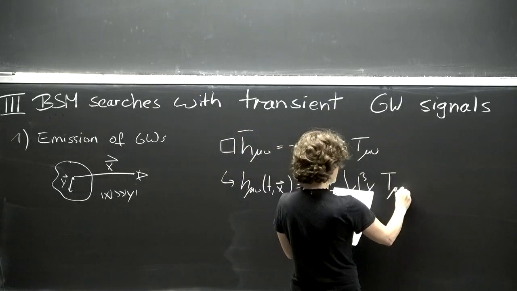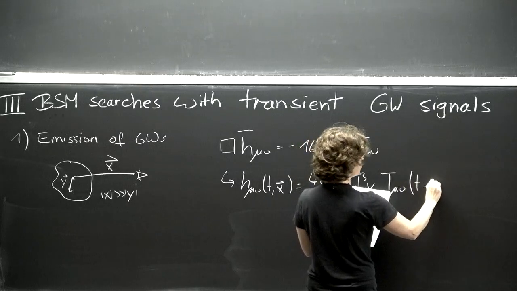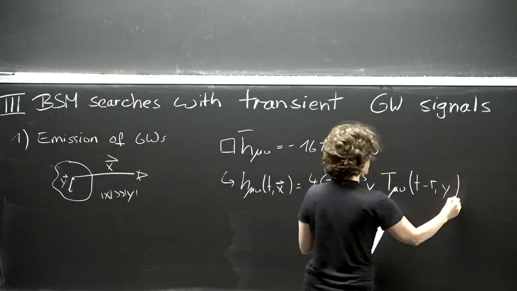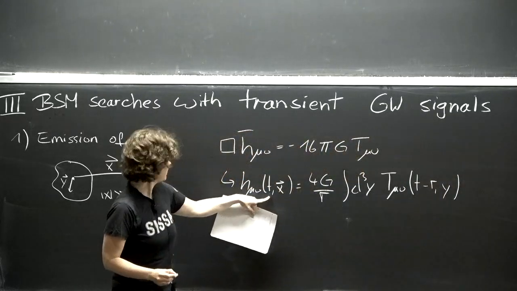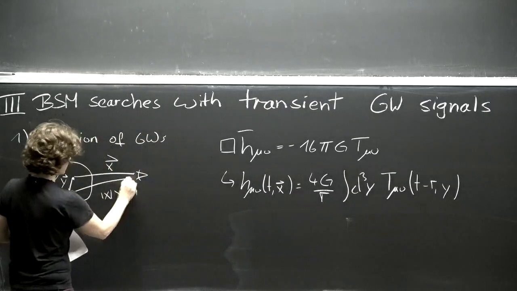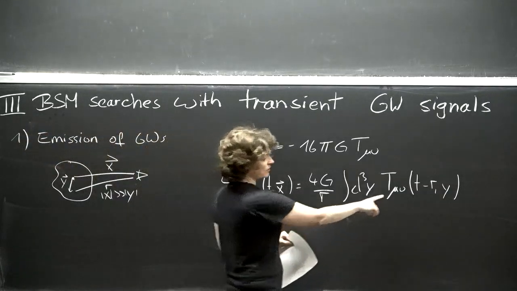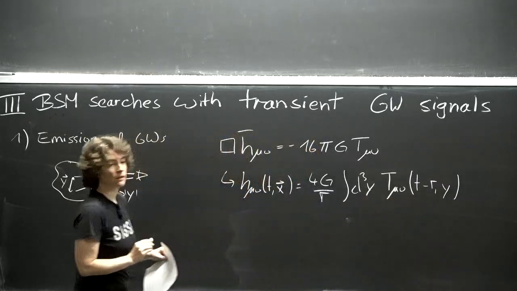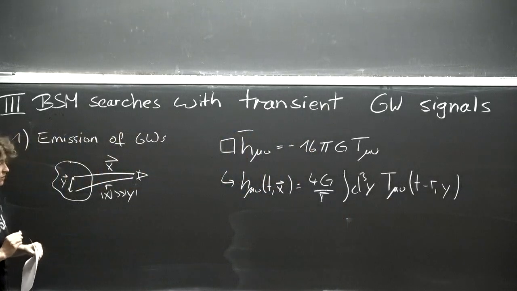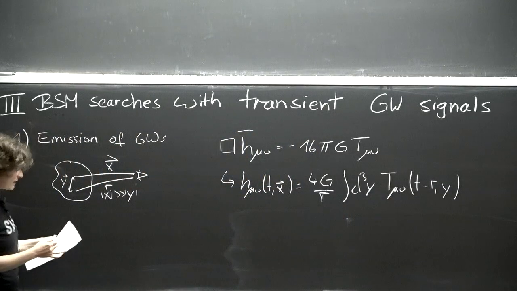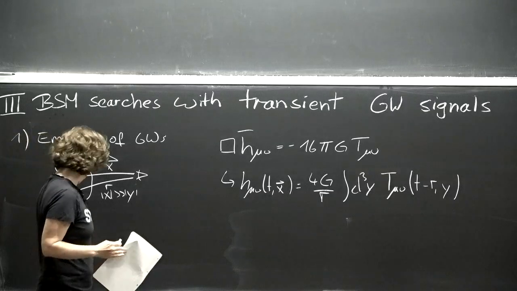And then inside, we have the retarded source term. So we make an observation at time t at some distance r, and what matters is the source at the time when the gravitational wave was emitted in the source. This is the exact same thing as electromagnetism.